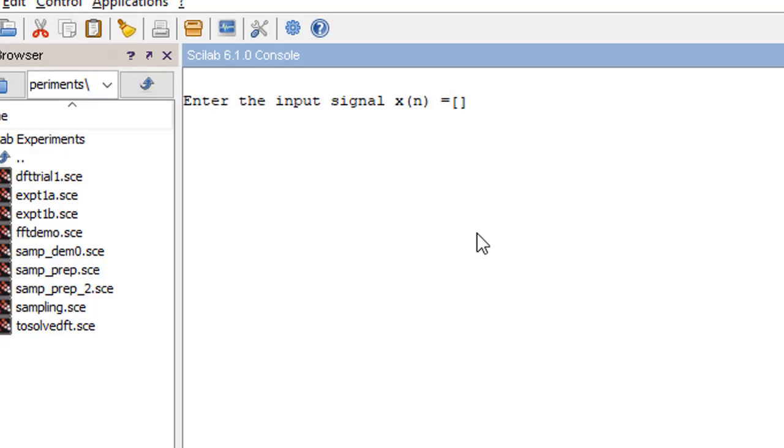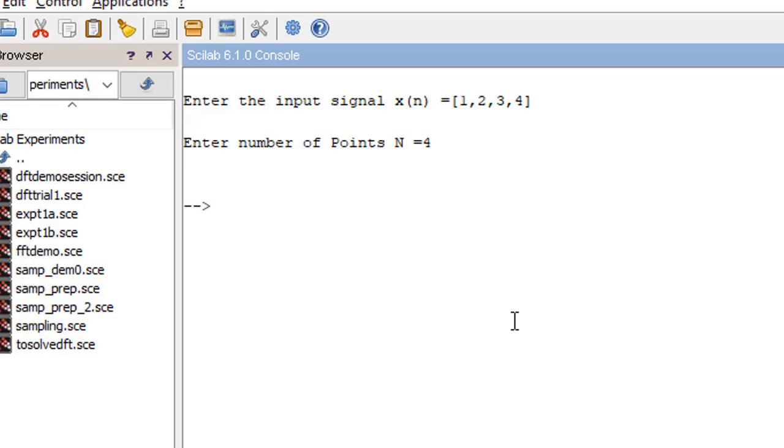The input goes in square brackets, separated by commas: 1, 2, 3, 4. This is my input sequence, x of n is equal to 1, 2, 3, 4. Hit enter. It is asking to enter the number of points, capital N. The minimum number of points I can take is 4, so I'll give 4 here and hit enter.